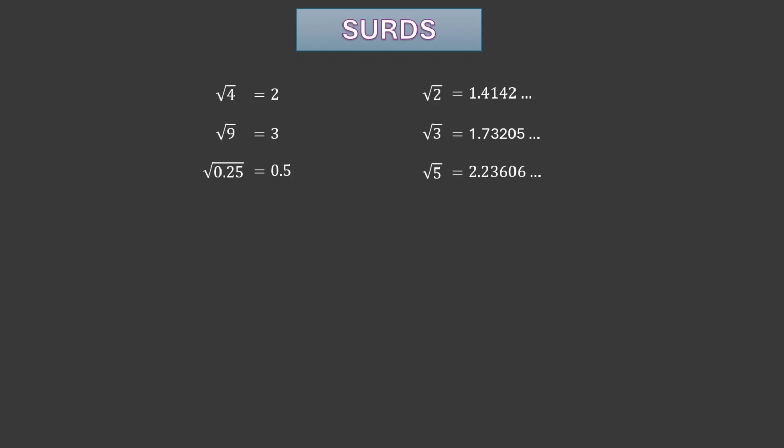So we observe that in the first list, we have rational roots, whereas in the second list, we have irrational roots. This is not just limited to square roots. Let's have a look at cube roots also. Cube root of 8 is 2, which is a rational root.